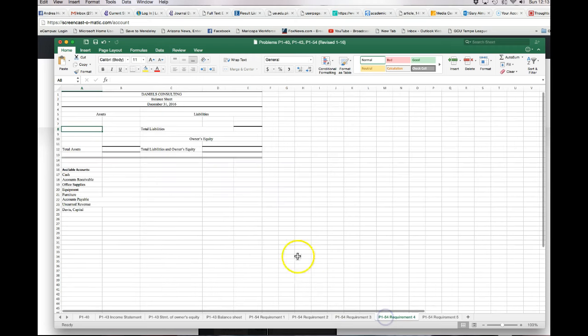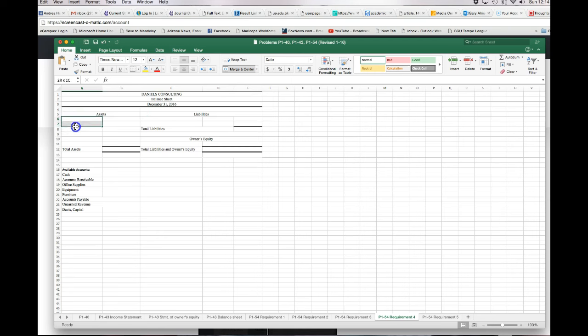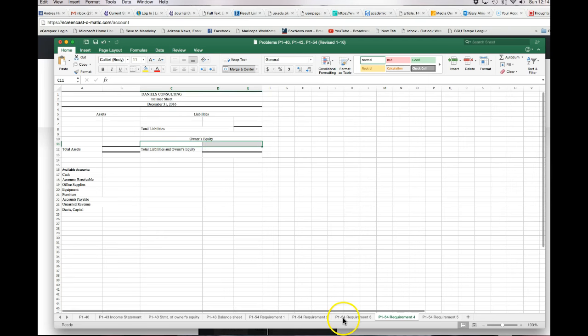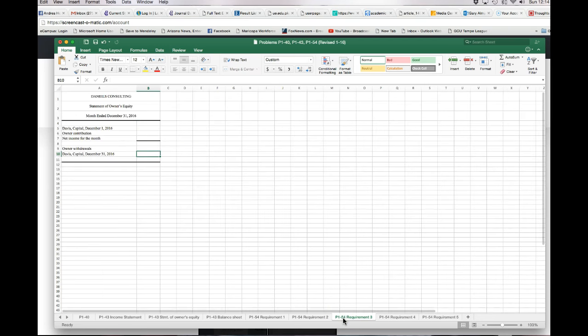After the statement of owner's equity, we're going to be doing the balance sheet. And again, you want to list all of your assets, their account names, as well as their balances, the liabilities, their names, and their amounts. You want to total your liabilities, and then your owner's equity, which is going to be extracted from the previous requirement, the ending capital there.